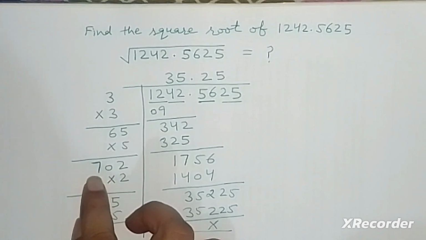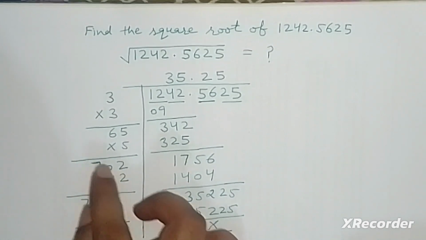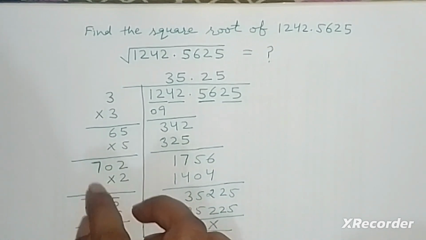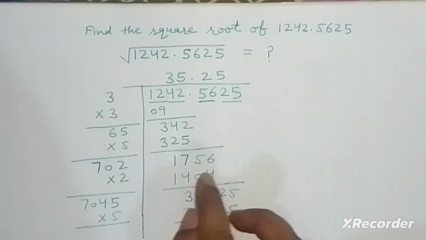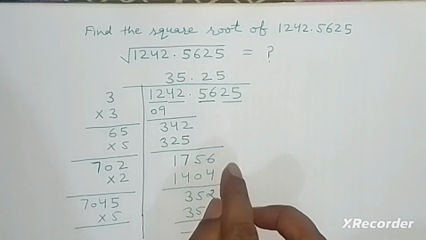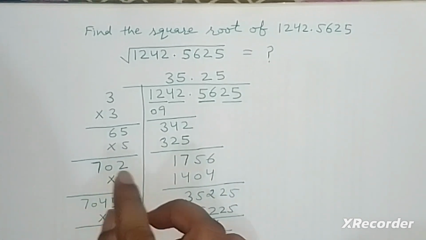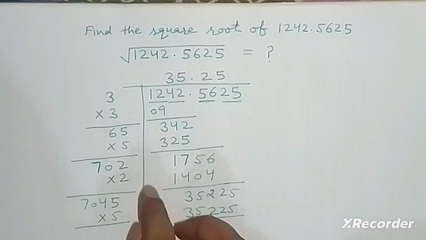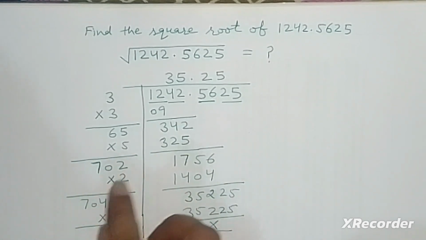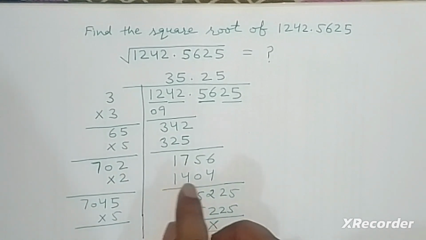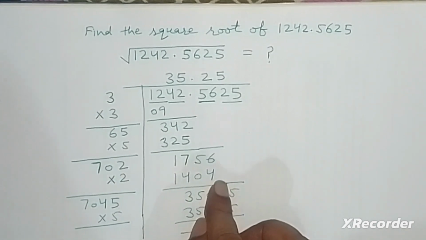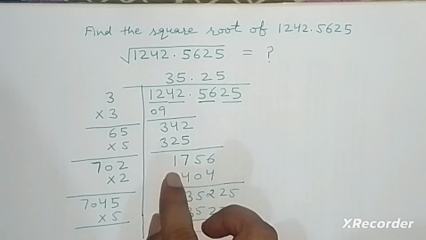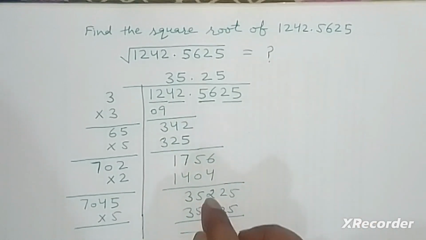If we put 703 into 3, then the value becomes more than 1756. So we put 702 into 2. So 702 into 2 is equal to 1404, and we can put this value below 1756.